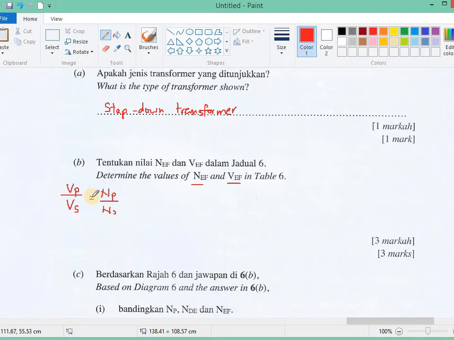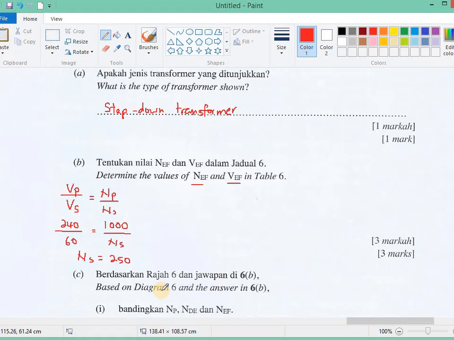Voltage in primary is 240, voltage in secondary is 60, number of turns in primary is 1000. So the number of turns in secondary is 250.